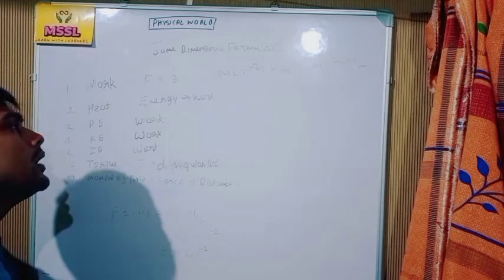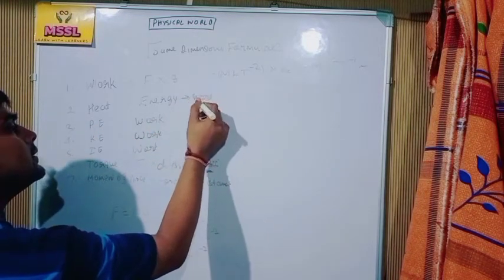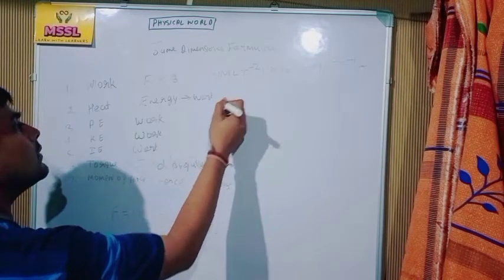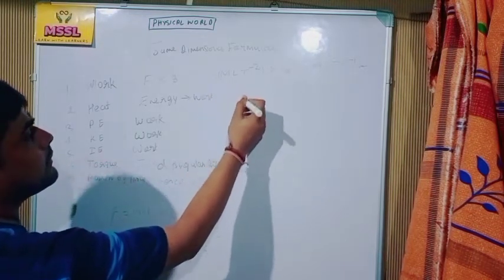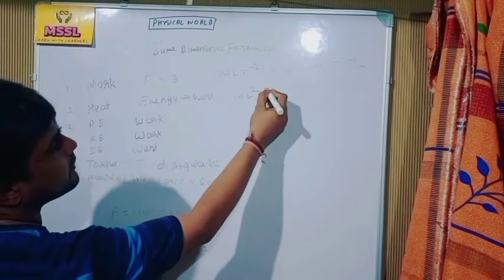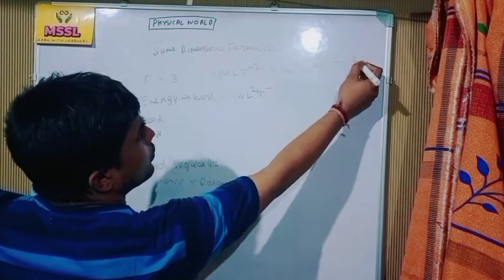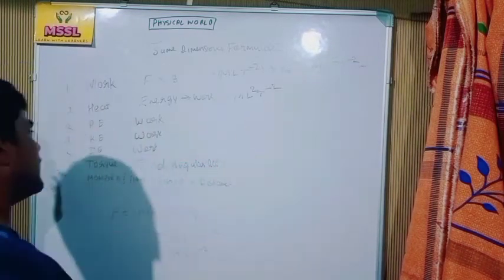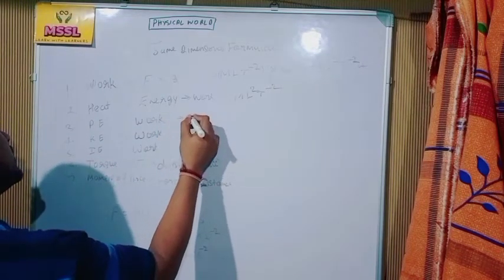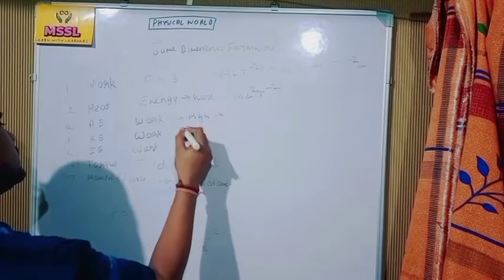Okay. So again, we can write for work also here as M L2 T minus, sorry, it is T minus 2. Okay. Alright. Again, if we talk about potential energy, if you know the formula, it is mgh. And what is m?